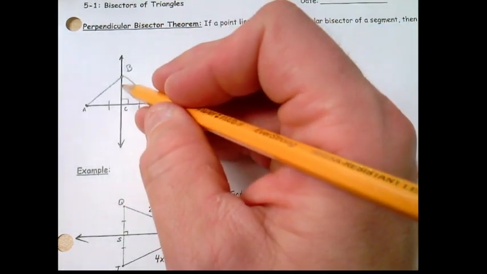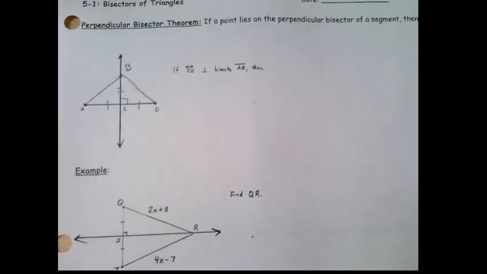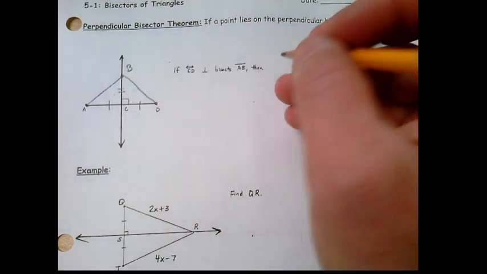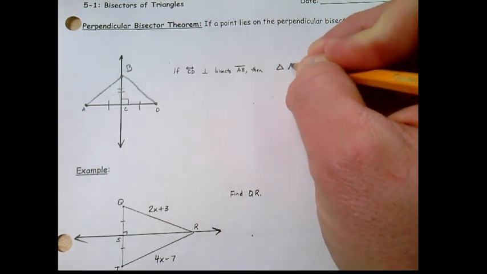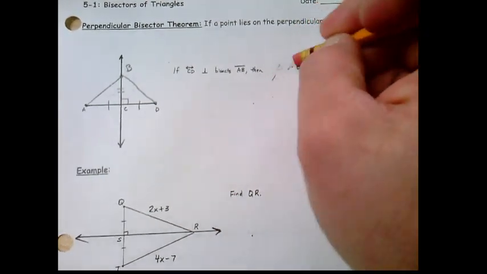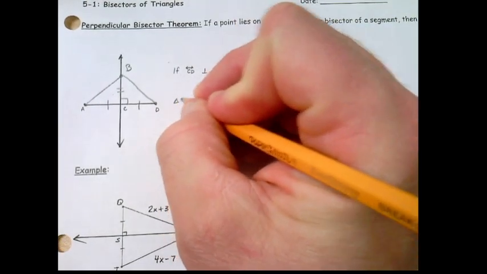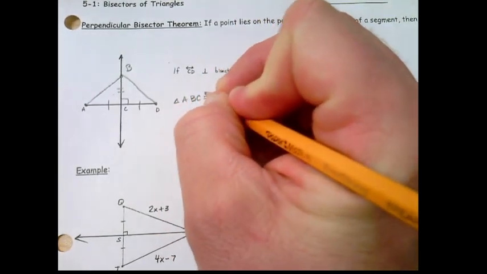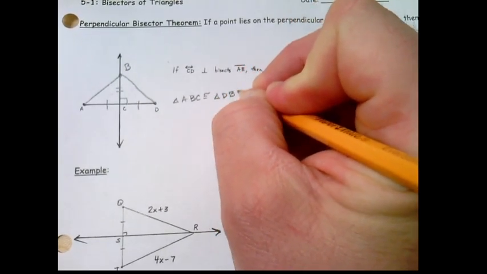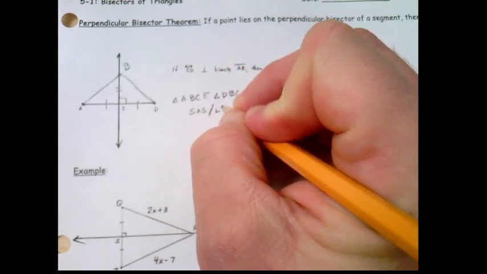Well, I do know that these two triangles are going to be congruent, all right, by side angle side or leg leg, okay? We'll just note that. And maybe I'll put that down here. Triangle ABC is congruent to triangle DBC by side angle side or leg leg.